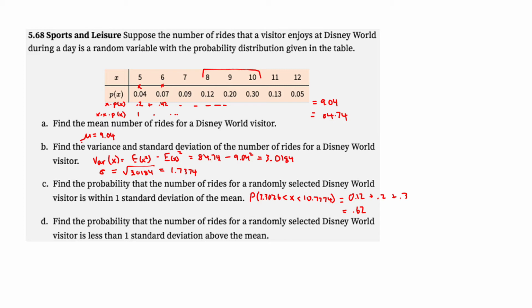Now, D is pretty similar. Find the probability that the number of rides for a randomly selected Disney World visitor is less than 1 standard deviation above the mean. So now we're just doing this portion. X is less than 10.7774. We're going to take now all of these values and add up all their probabilities.